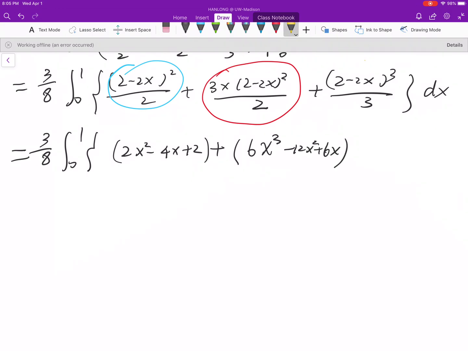And then for this part, you just have 8 over 3 times x cubed minus 3x squared plus 3x minus 1, dx.